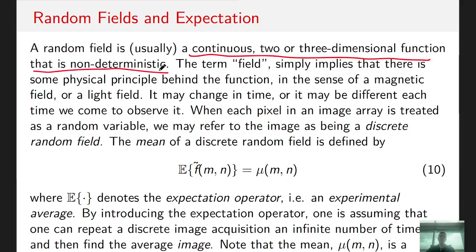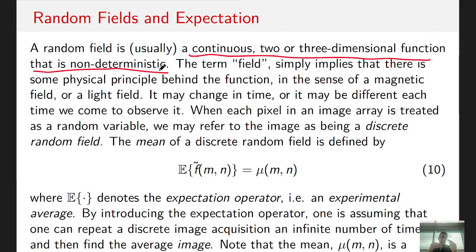Just to remind you, a random field is one that varies as a function of spatial position. It's usually a scalar property that varies as a function of spatial position, like an image, or an image in continuous space.